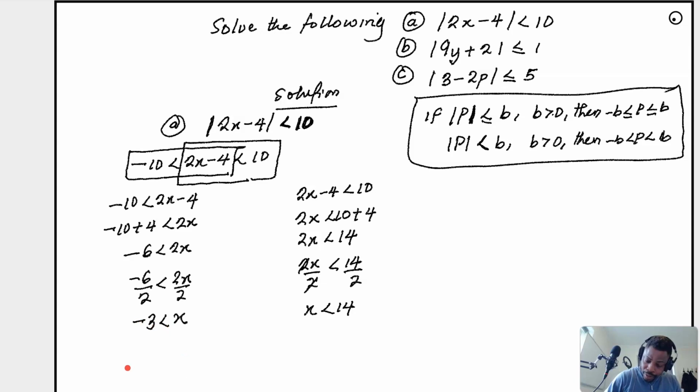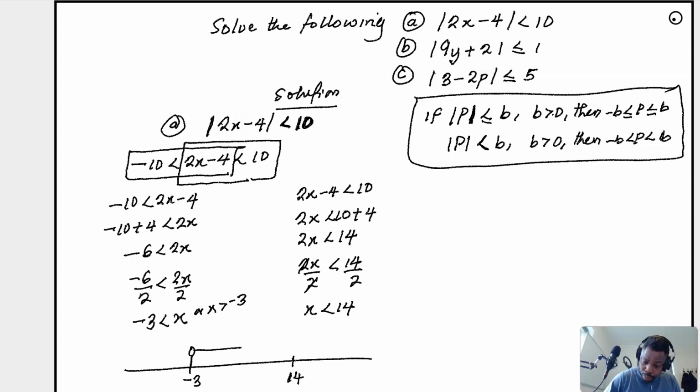So it simply means if I look at a number line, minus 3 and 14, you've seen this in the previous video in part 2. If you have not seen part 2, click on the top right hand corner to see that video. So what this is saying is that x is greater than minus 3.